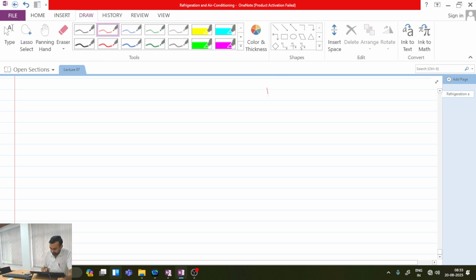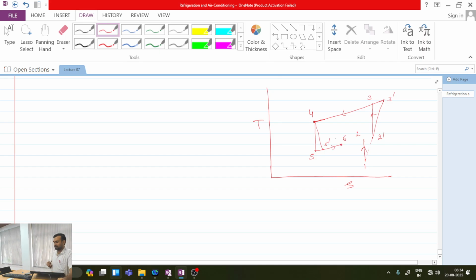So let me first draw the simple aircraft air conditioning cycle so that I can note down the various parameters that are given. Is this one clear? So the cycle is correct. Okay.